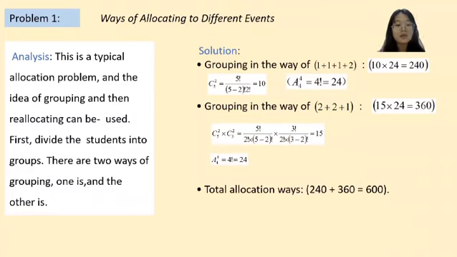In terms of combination, we need to divide by 2. So the number of grouping methods is 15. Similarly, when we allocate these 4 groups to 4 events, the number of permutations is 24. So the total number of methods for this grouping method is 15 times 24 equals 360.